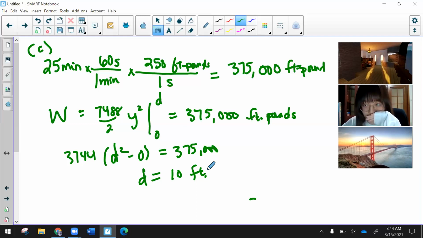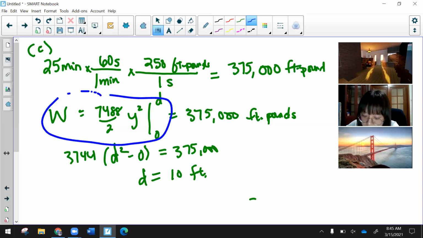So Dagny wants to know if we instead wanted to find the time that it took to empty the tank in half, then what we would do is start with this, but we would let D be equal to 10. We'd end up with an amount of work or an amount of energy, and then basically we'd go back and do part B again, where we looked at how much time it would take to generate enough energy to do that. Okay, any other questions?